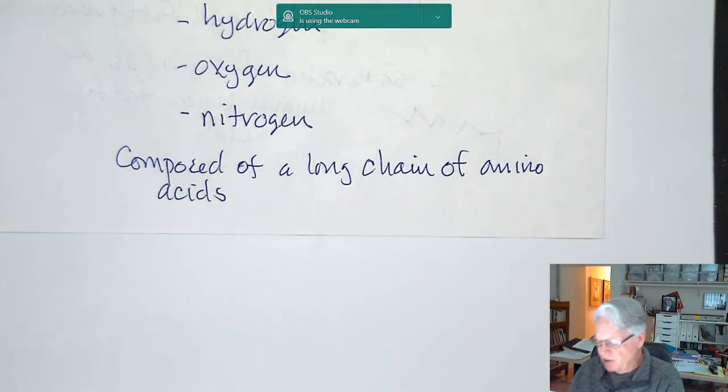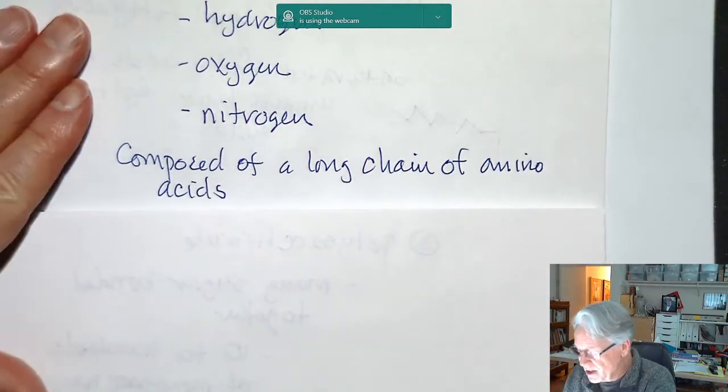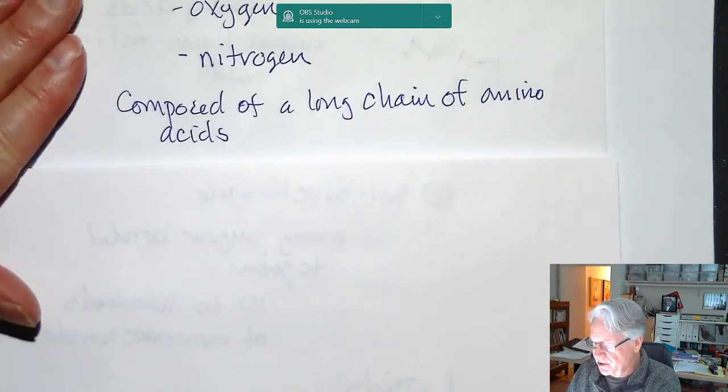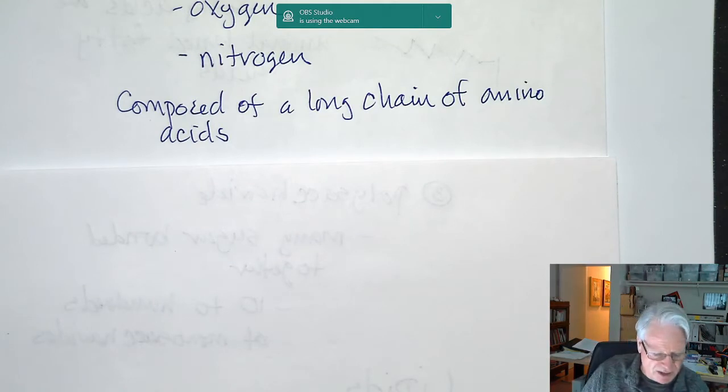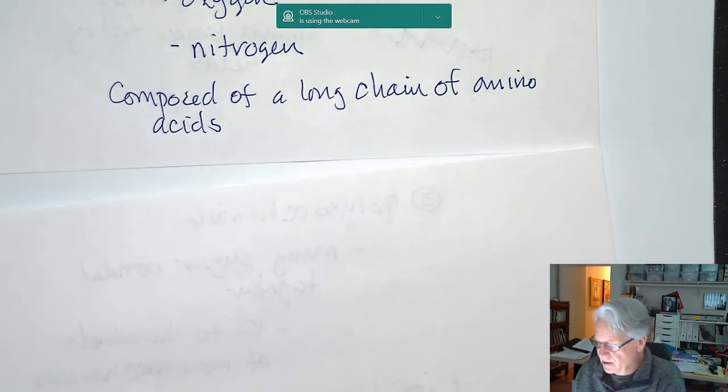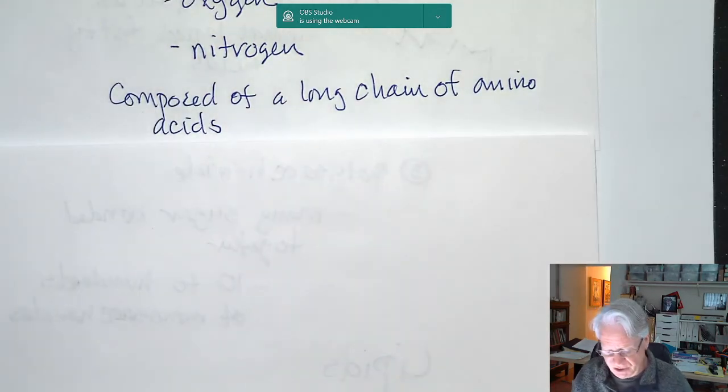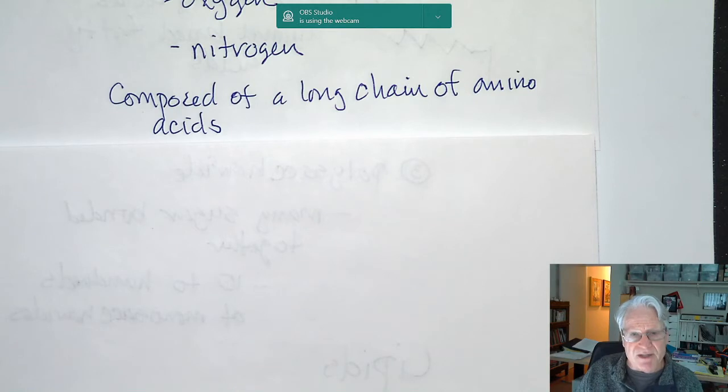That's what a protein is composed of. Those amino acids have carbon, hydrogen, oxygen, and nitrogen, as well as probably some other elements depending on the type of amino acid, such as sulfur. But the protein itself is composed of amino acids.